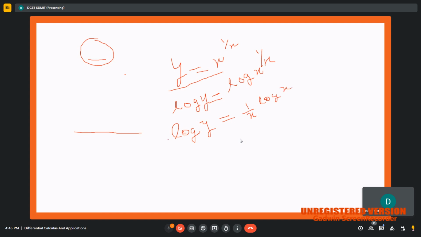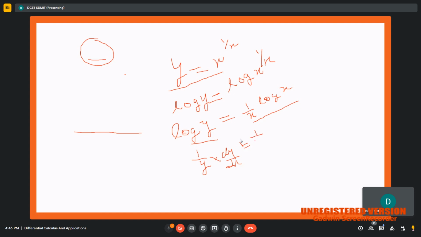Now differentiating this with respect to x. What is the differentiation of log y? 1 by y into dy by dx. Differentiation of log y is 1 by y, and the differentiation of y with respect to x is dy by dx. On the right side, 1 by x into log x is there, so we have to apply the product rule.